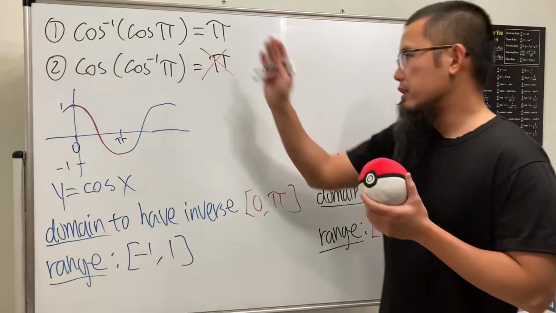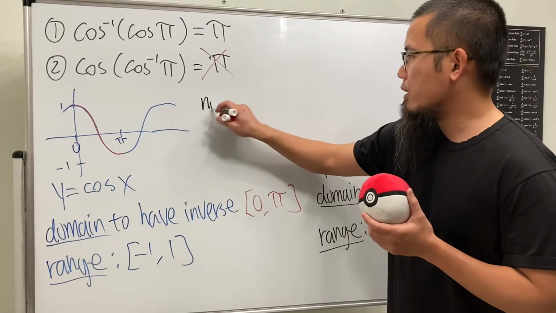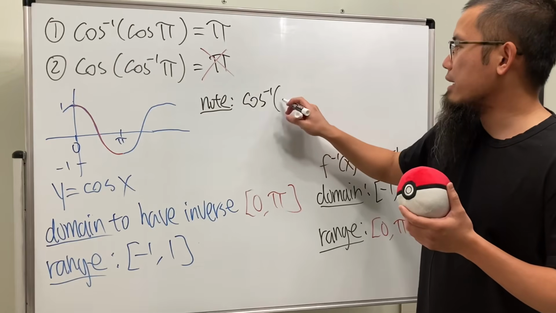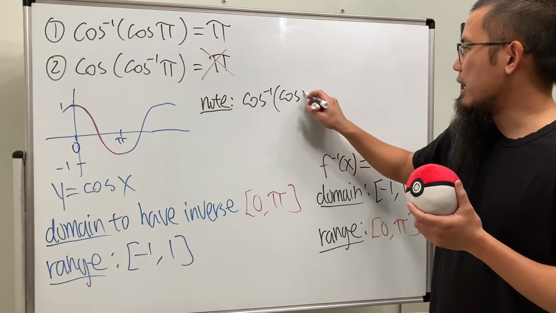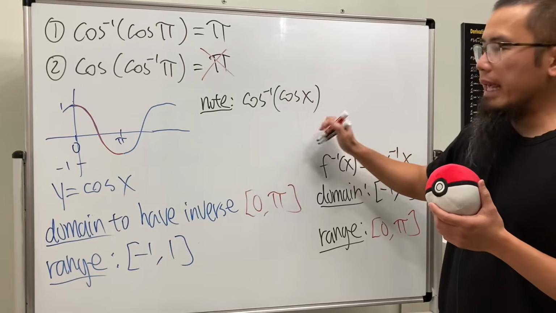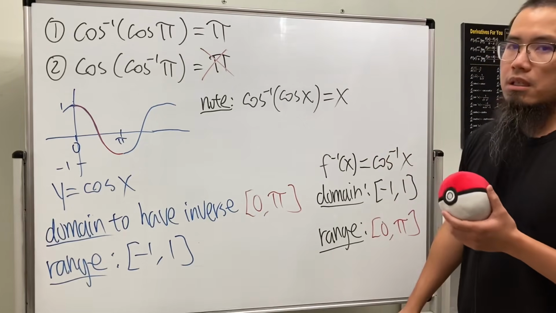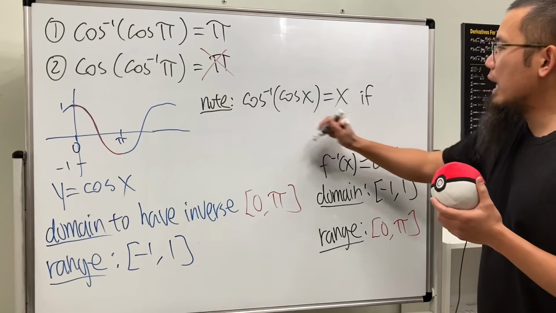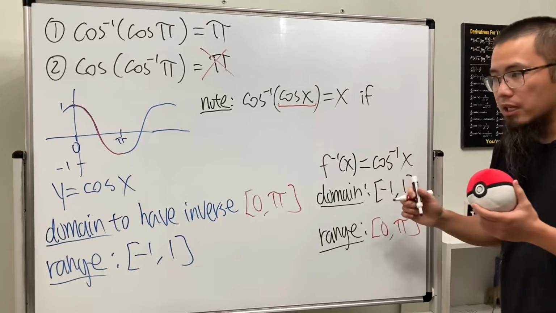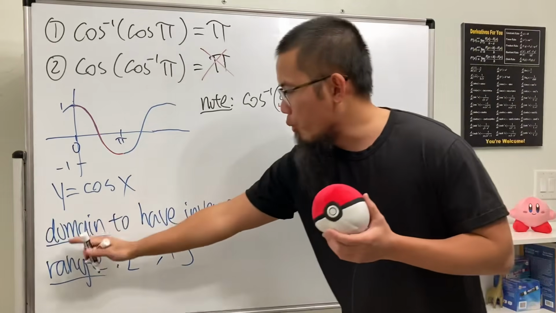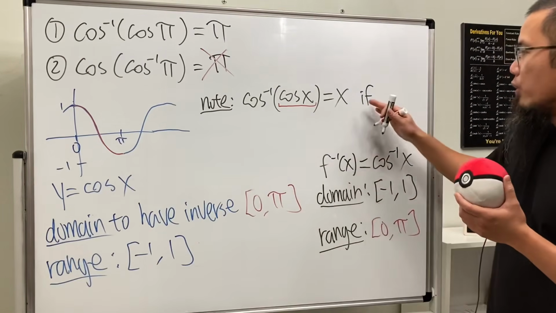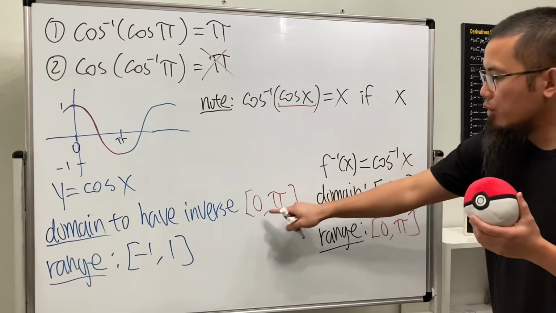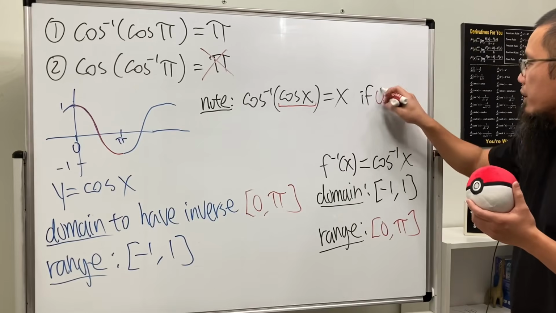So in order for us to have the inverse cosine and the original cosine cancel and just get the x back, this right here is only true if, because we have to do the cosine of x first, we have to refer to the domain to have an inverse. So this is only true if x is in between 0 and pi. Let me just write that down right here for you guys like this.